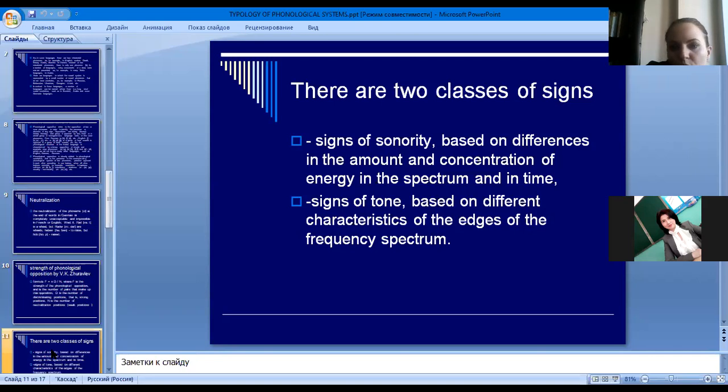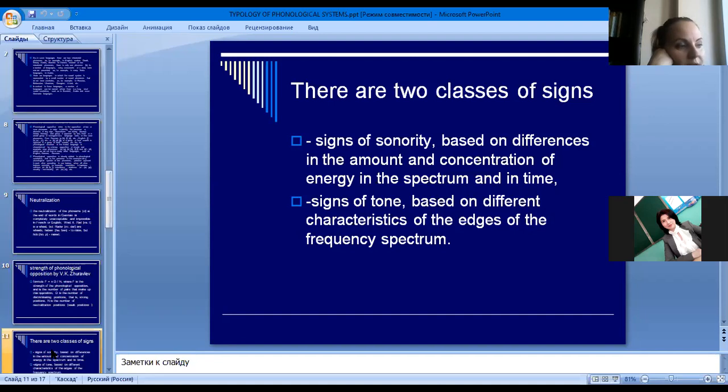There are two classes of signs. Signs of sonority, based on differences in the amount and concentration of energy in the spectrum and in time, and signs of tone, based on different characteristics of the edges of the frequency spectrum.